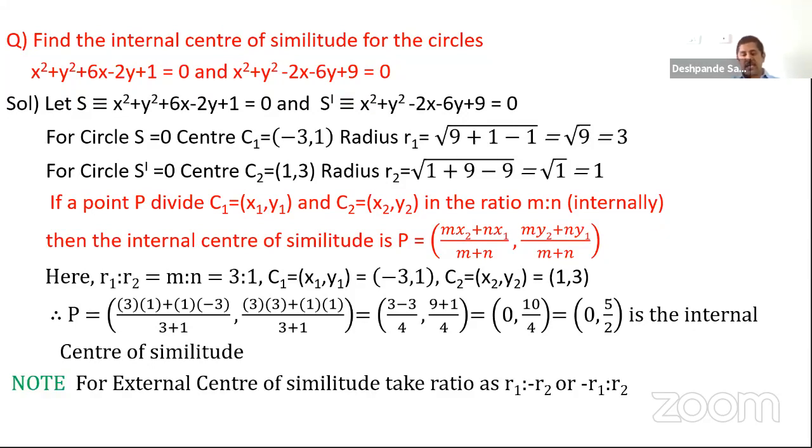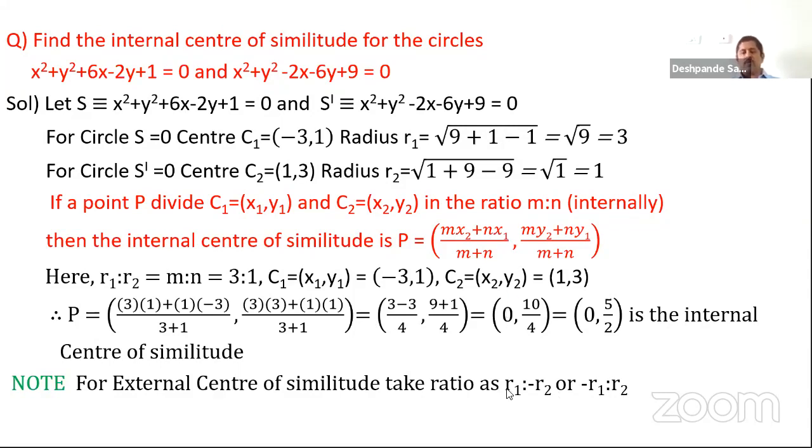Instead of using the word externally, you can use the ratio as R1 is to minus R2, or minus R1 is to R2. So remember this, whenever you got externally, you have to use one negative sign either for R1 or for R2. So R1 is to minus R2 or minus R1 is to R2, and use the same formula.